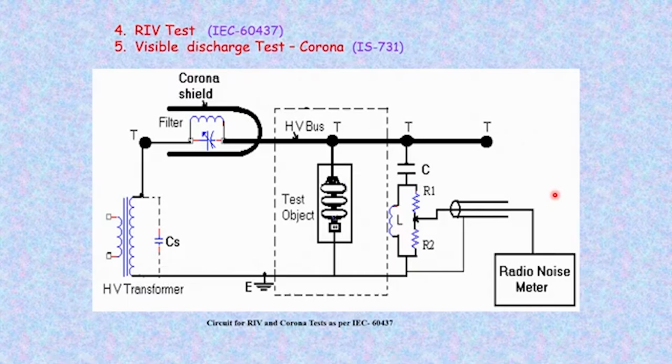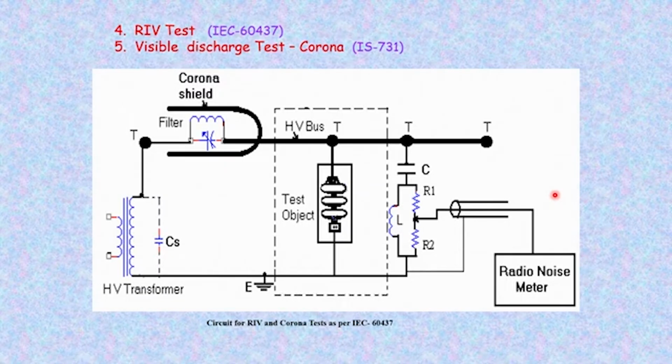So the standard clearly mentions that RIV measurements have to be carried out before installation in the field, anywhere in the frequency range of 0.5 megahertz to 2.5 megahertz. This is the radio frequency band where discharges could create problems to radio networks. Visible discharge or corona is described in Indian Standard 731.